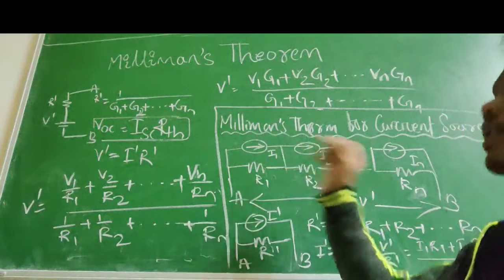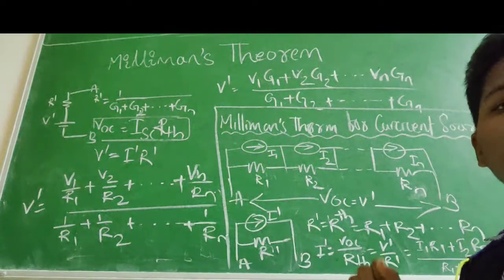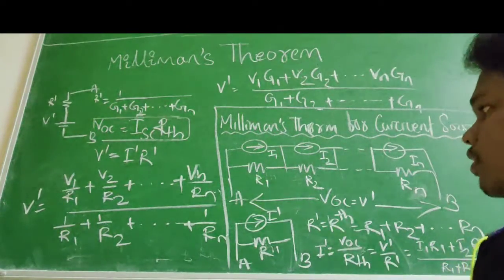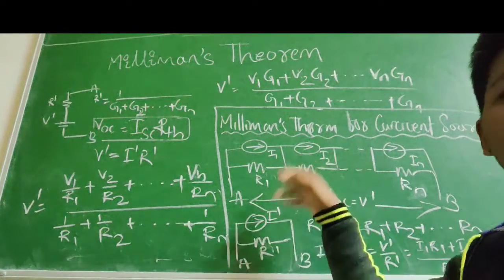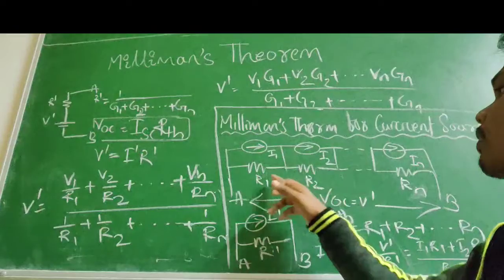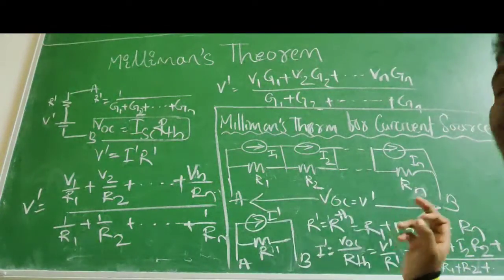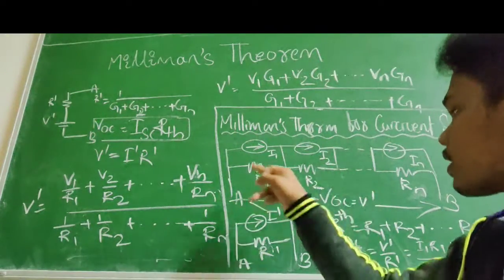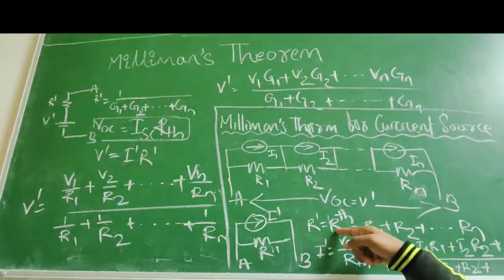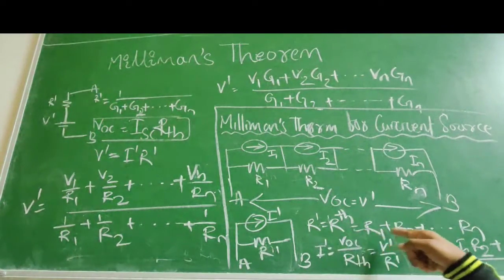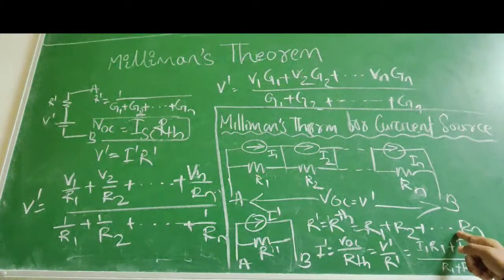So here current sources are there, that means we need to open circuit these current sources. After open circuiting them, only the resistances remain connected in this fashion. So the total resistance, equal to Thevenin's resistance, is R1 plus R2 up to Rn.